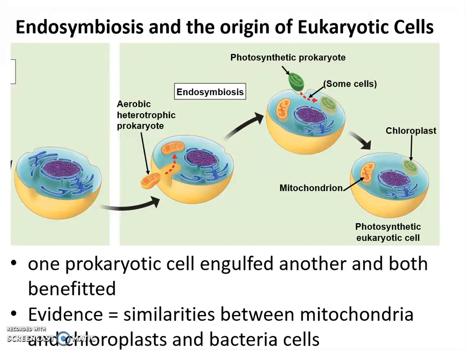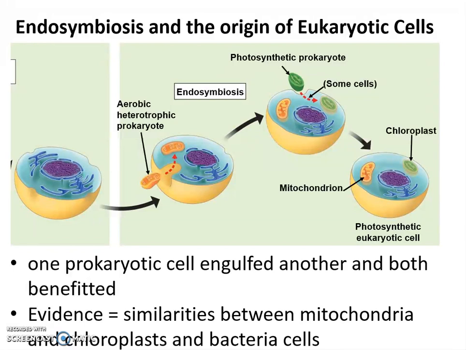So this process of endosymbiosis might still be occurring today. And when you look at the evidence for this hypothesis, it turns out there are some very distinct similarities between prokaryotic cells and the mitochondria and chloroplasts. You've got similarities in terms of their size in that 1 to 10 micrometer range, and also their shapes.